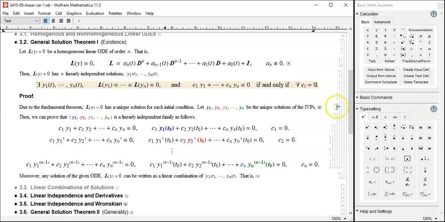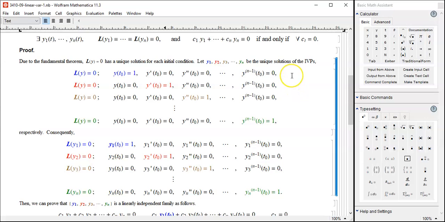How did we do that? These functions exist depending upon the IVP, so we set appropriate initial conditions, and that's clever idea number one. Set up all these, and then we have functions y1 through yn. Consequently, we get this kind of conclusion here.